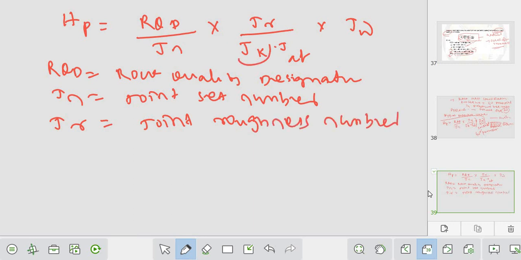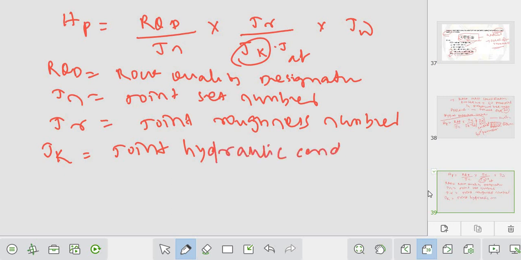सिर्फ ये जो टर्मिनोलॉजी है JK, this is called joint hydraulic conductivity number.